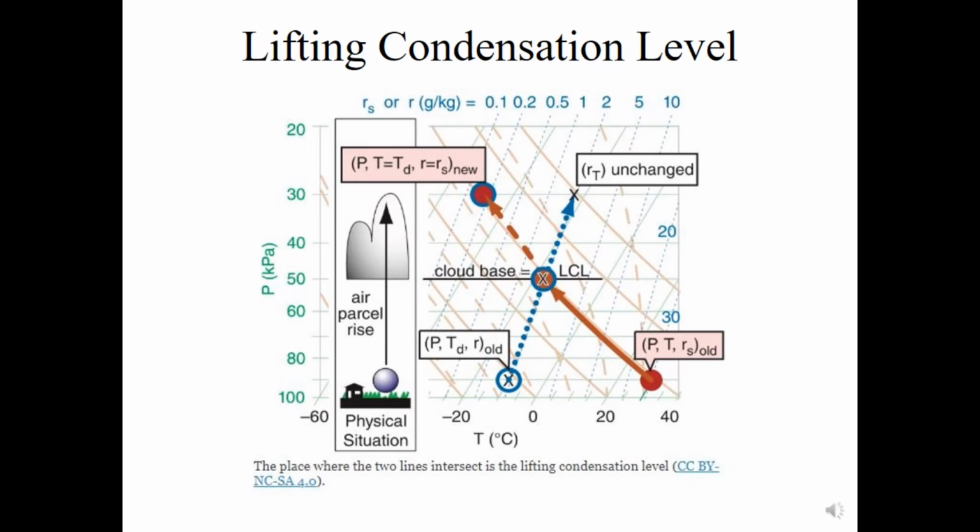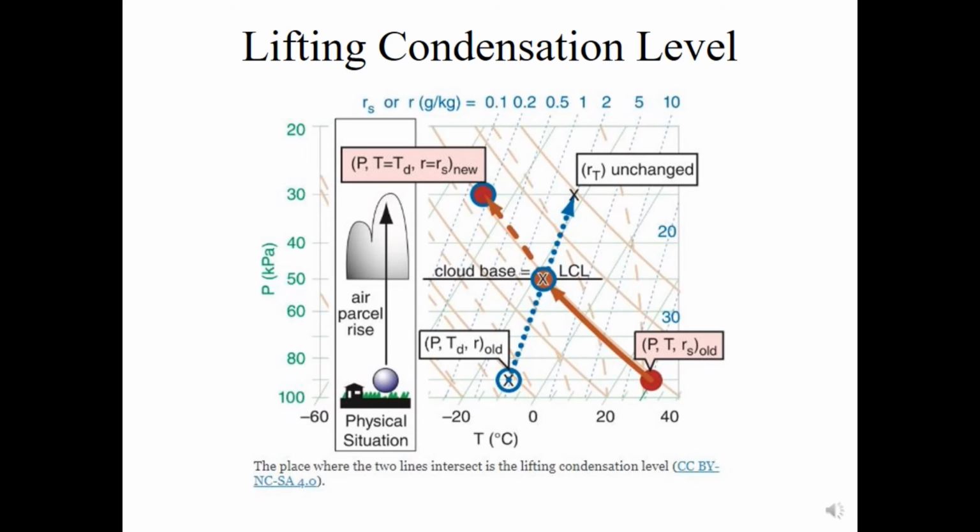As the temperature decreases, the saturation vapor pressure will decrease, which will cause the relative humidity to go up. And if you continue to lift this air parcel, the relative humidity will eventually equal 100%, and condensation will start to happen. And that will be the cloud base.